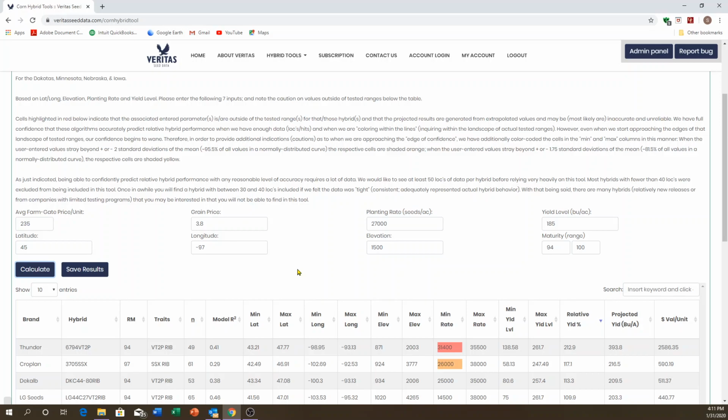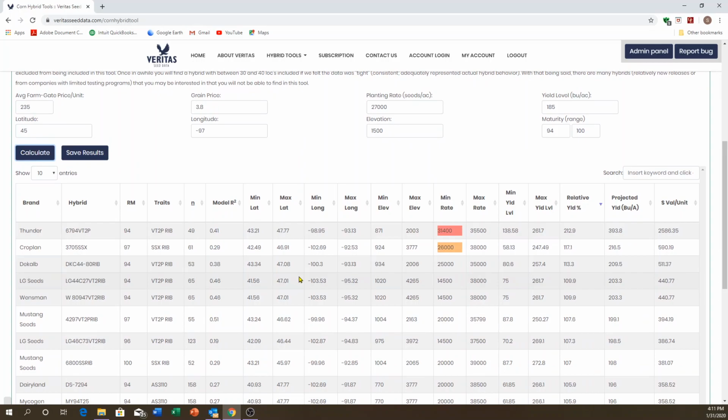From early to late, from 79-day or 75-day hybrids all the way to 120-day hybrids, we've only got about 400 that show up in this tool, whereas the greater database has like 4,300. So it's 1 out of every 10 that I have enough data to actually get very intelligent as to determine and predict how they're going to behave.